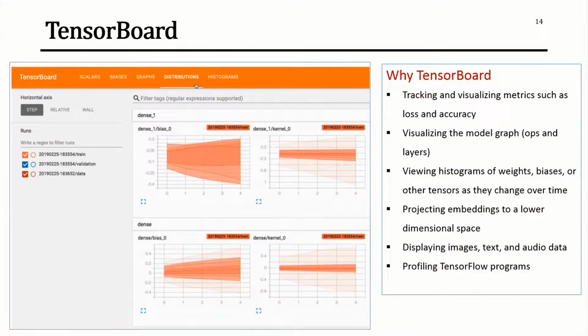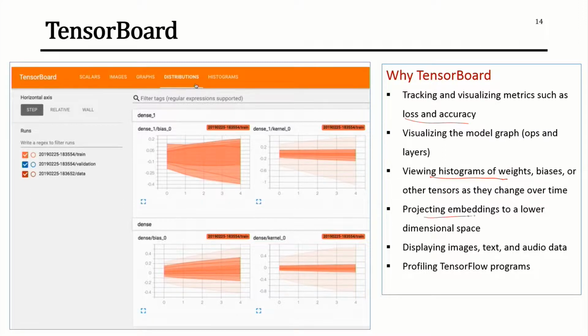So why do we need TensorBoard? It allows us to track and visualize metrics such as the loss and accuracies, as we saw in the scalar features. And we can visualize the model graphs, as well as view the histogram of weights and some other information over a period of time.